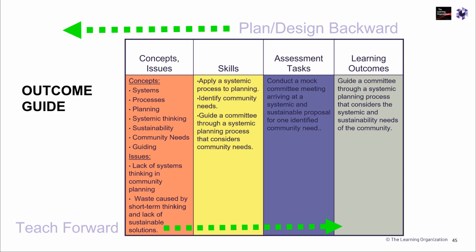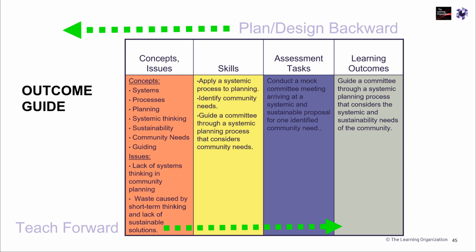So here are 3 skills. Maybe you came up with one of these. So applying a systemic process to planning. That's a skill. They have to know about that. They have to guide a group. That's a skill. They have to be able to identify community needs. That's a skill. And then when you look at concepts, you have to understand what's a system, what's a process, what's systemic thinking, what does it mean to plan.